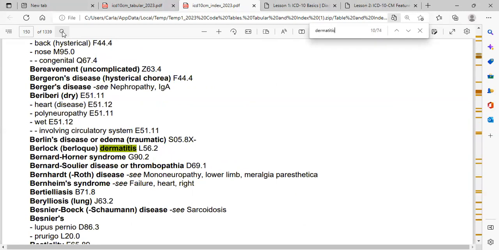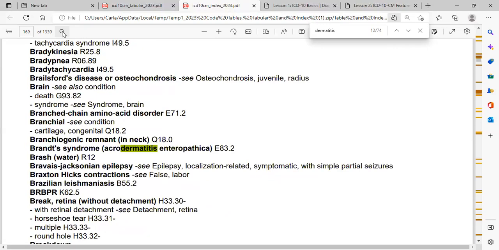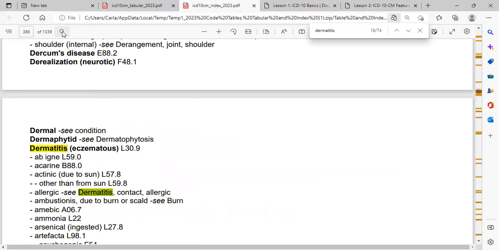That says burlap dermatitis. I don't think we have that word in it, so we could probably skip that one. So we're still in the B's and C's now. Now I'm finally in dermatitis in the actual category.